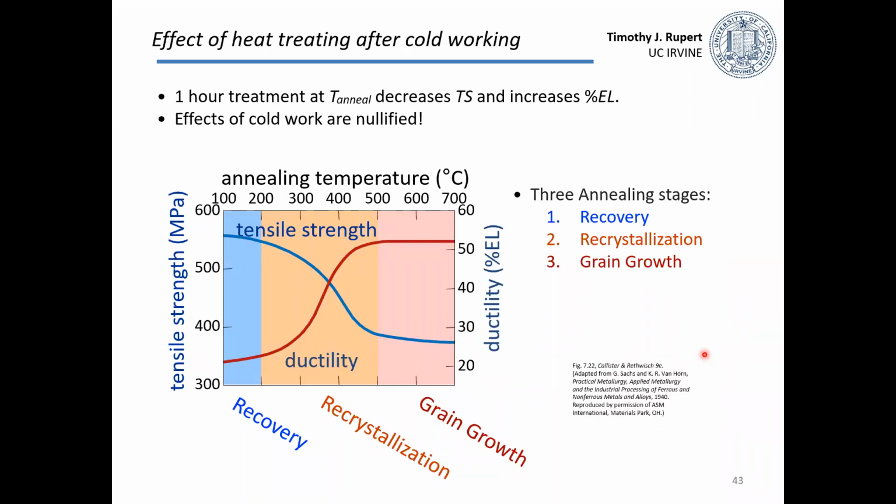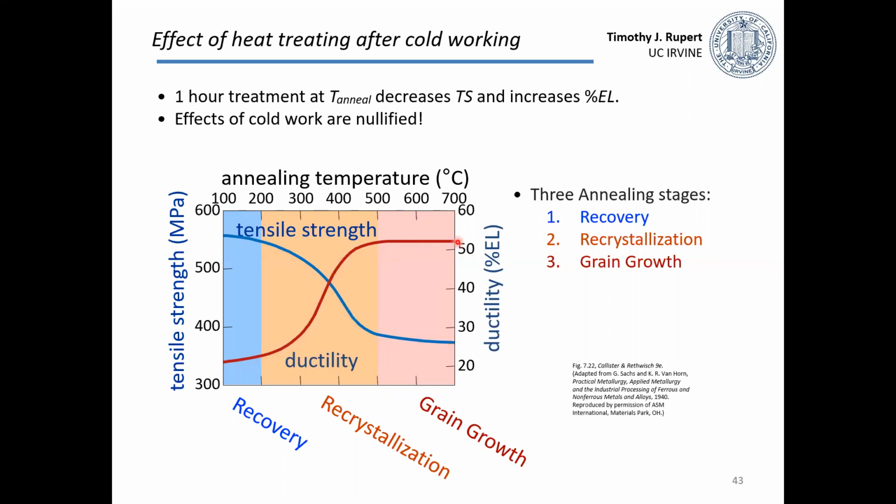Now, we also mentioned that heat treatments or annealing our sample can matter. If we take a material that's been deformed and we heat it up, we can also observe that that will change the properties of the material. This is showing data for 1 hour treatments at each of these different annealing temperatures. As I increase the annealing temperature, my tensile strength will fall, but my ductility will increase.